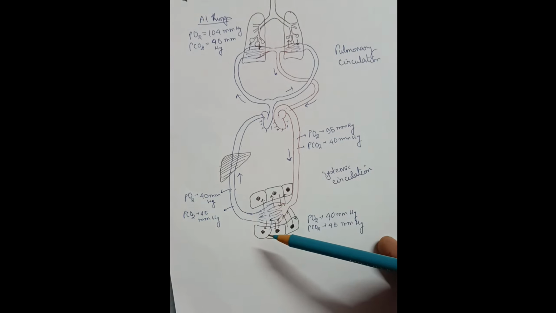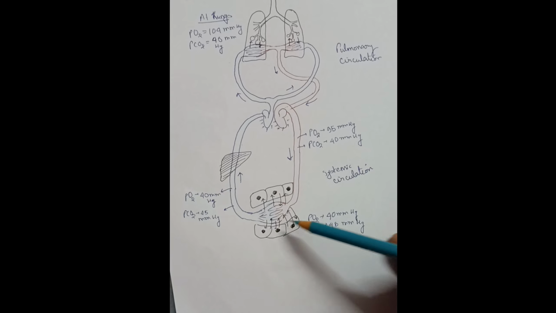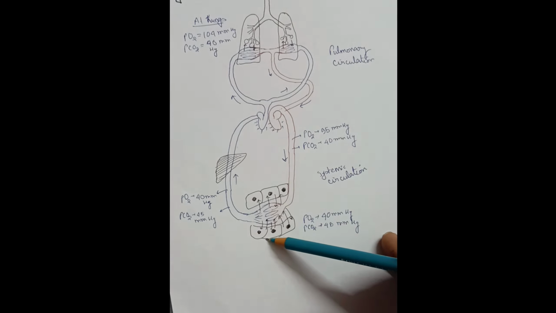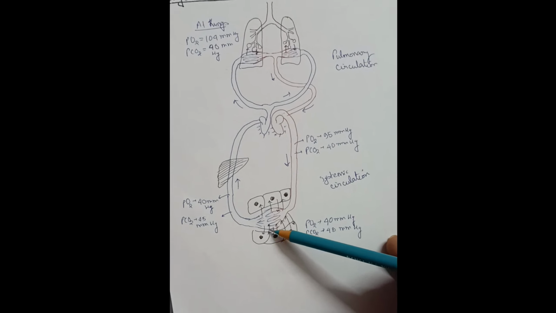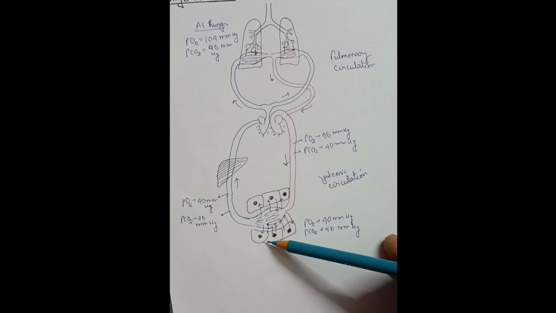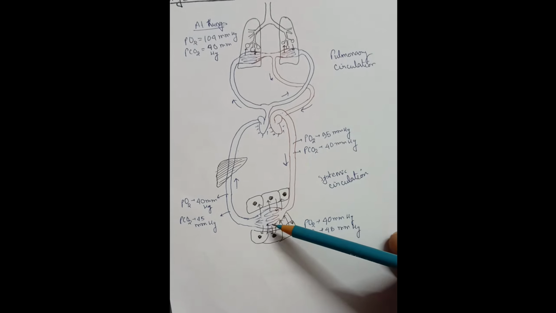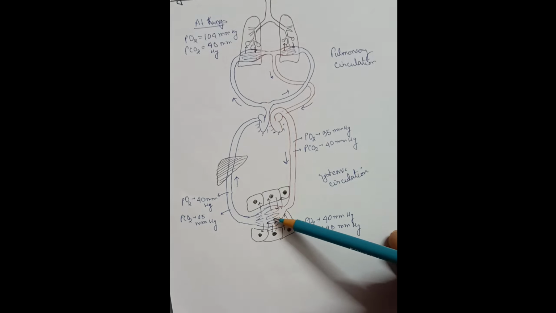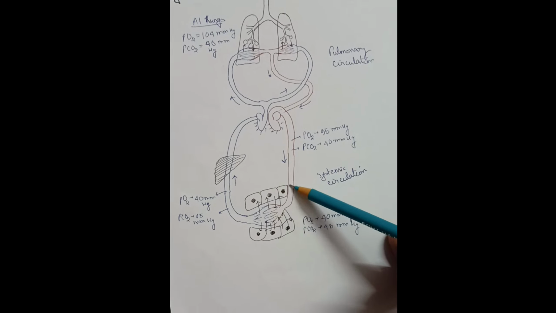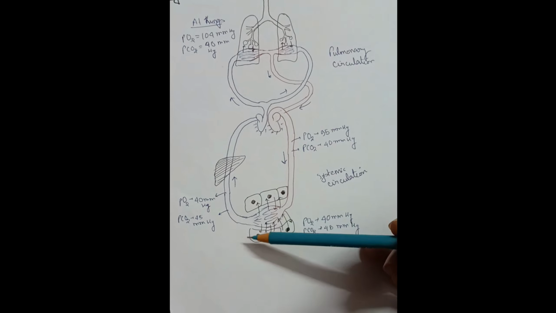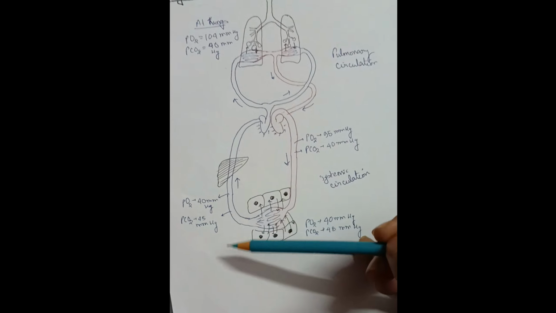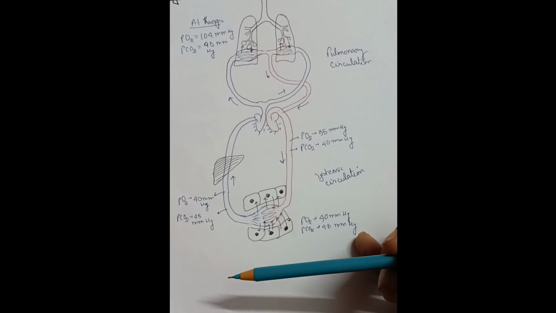And carbon dioxide, due to the same partial pressure gradient, that is 45 millimeter of Hg in the tissue, as I said, due to the various metabolic pathways it is concentrated inside the cell, and 40 millimeter of Hg in the arterial blood, it will diffuse out and make the oxygenated blood deoxygenated this time, and the venous blood will be rich in carbon dioxide, that is, very much acidic.